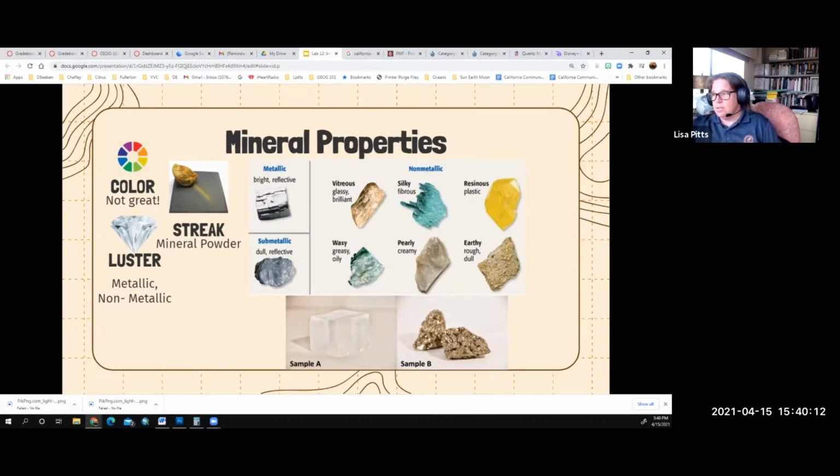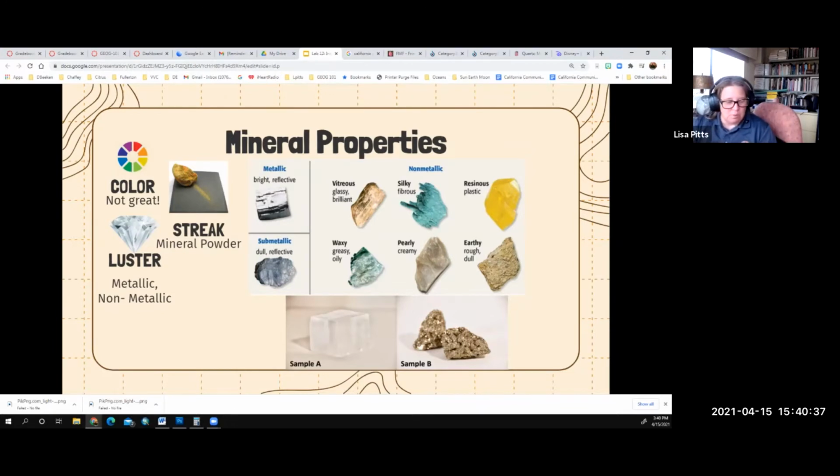Then there's what we call non-metallic, which doesn't have a metallic luster. There are various ones. There's an earthy one, which looks like dirt. Then vitreous reminds me of glass because it's glassy. There's waxy, which looks oily or greasy.